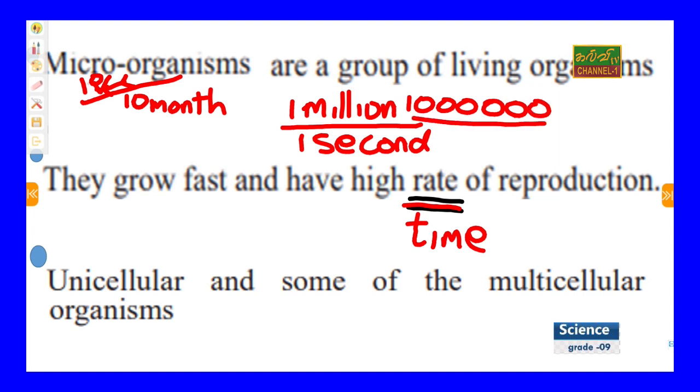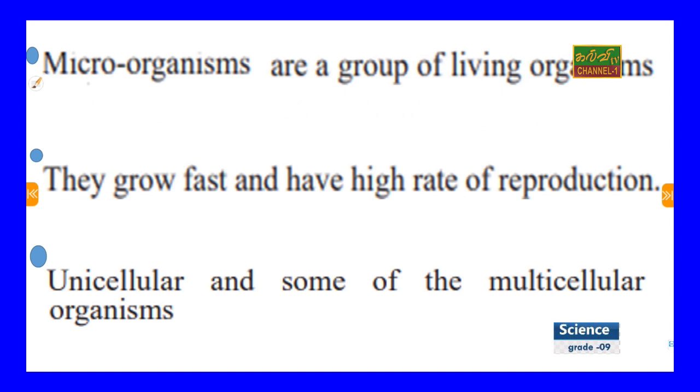This number of microorganisms within 1 second. But a human needs at least 10 months to have one new baby, whereas here 1 second is enough for 1 billion. Therefore, the rate of reproduction is very high.